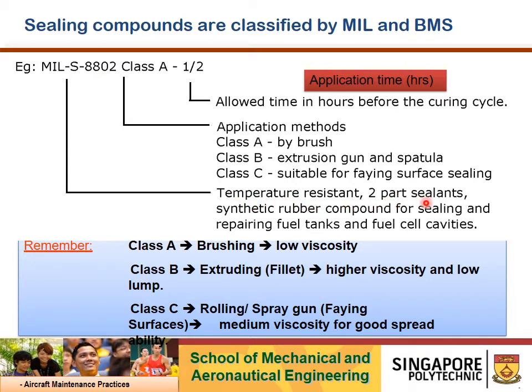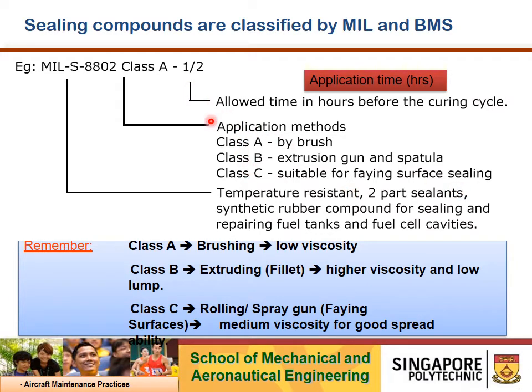MIL-S-8802 represents a temperature-resistant two-part sealant, synthetic rubber compound, and class A actually refers to the application method, the viscosity of the sealant. Class A can be applied by brush, B will be using extrusion gun or spatula spreading method, and C will be for faying surface sealing.